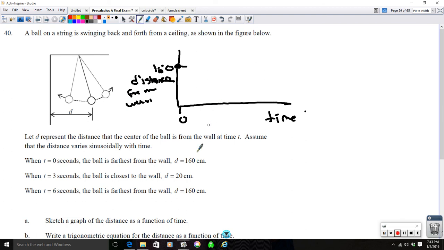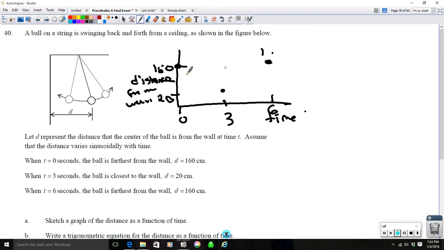At 3 seconds, they tell you the ball is closest to the wall at 20. It's going to be your minimum. And then at 6 seconds, again, it's furthest from the wall, at 160.